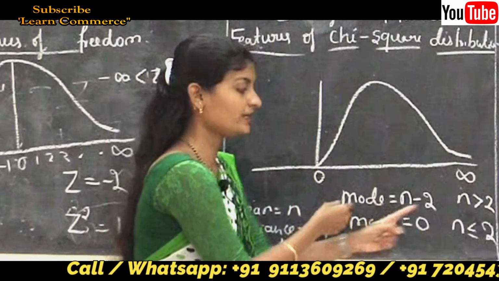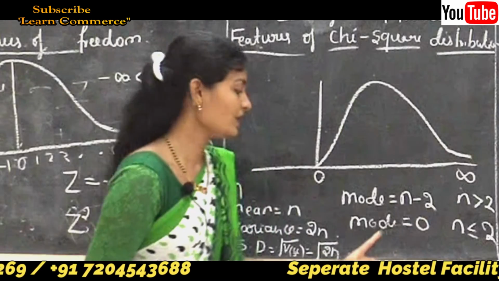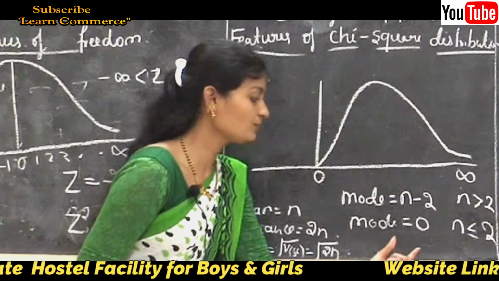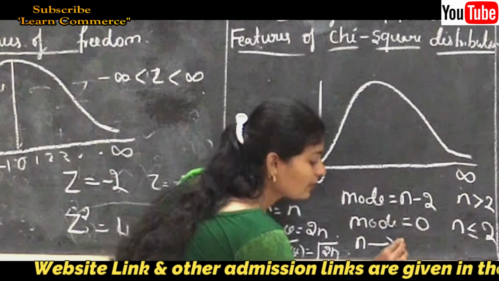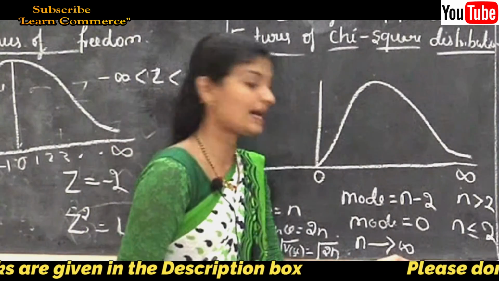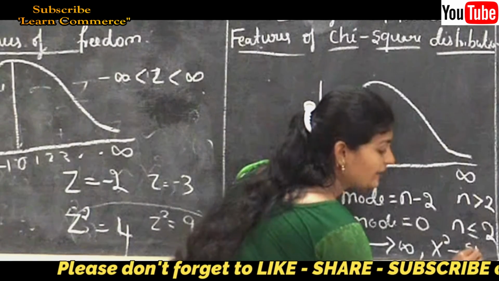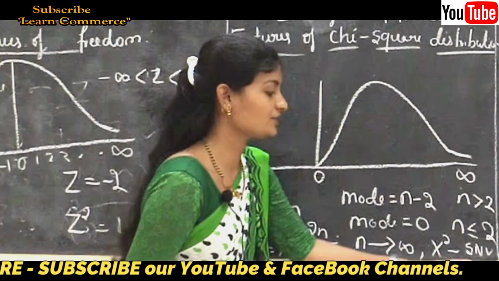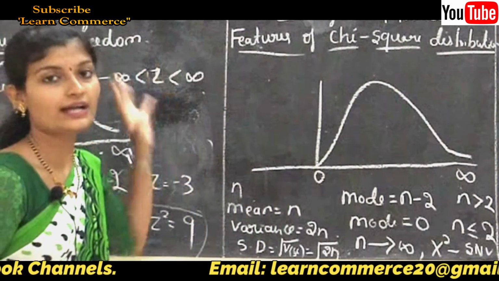And if n is large, if n tends to infinity, then chi-square distribution tends to standard normal distribution. Okay, this is all about chi-square distribution.